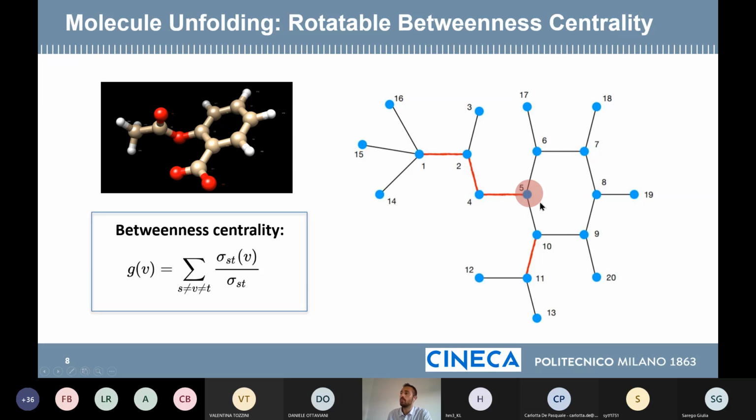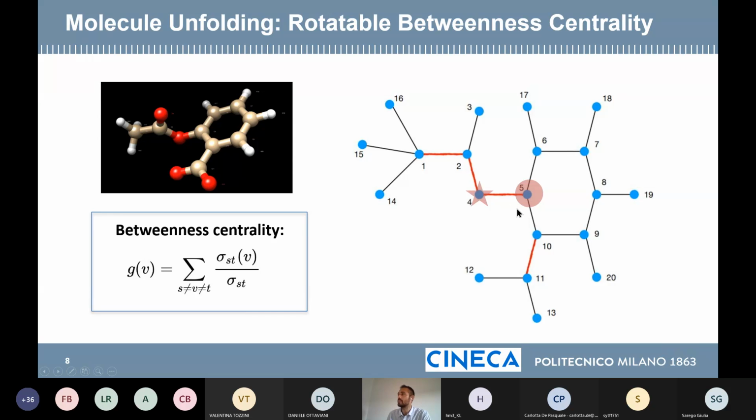So before you do anything, you want to understand which atom is the most central. In this case, this is the definition of the degree centrality.